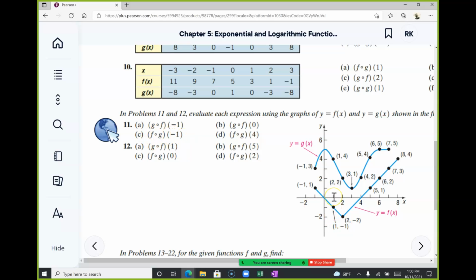So I want to find -1 of G. So -1 of G is the height 3, right? So X is -1, and what's my height for G? It's 3. So now it's saying, okay, go to an input of 3, 1, 2, 3, and go to F, right? And so what is that height? That's -1. There it is. It's that simple. Just got to think a little bit.